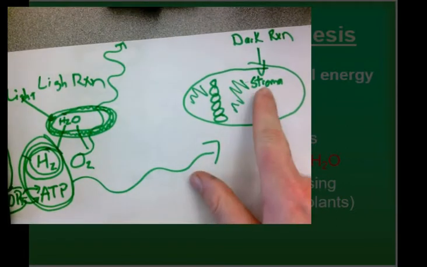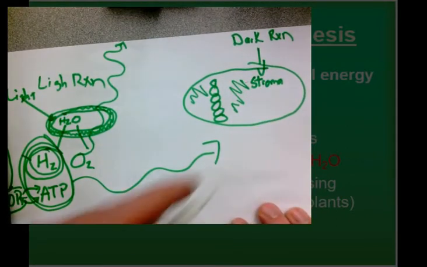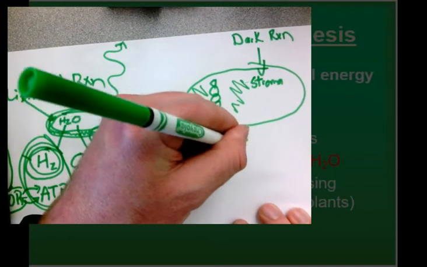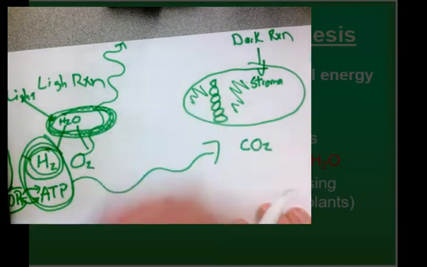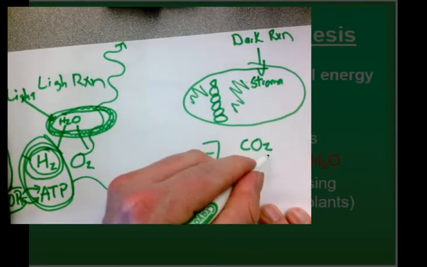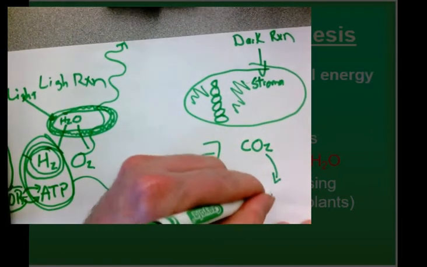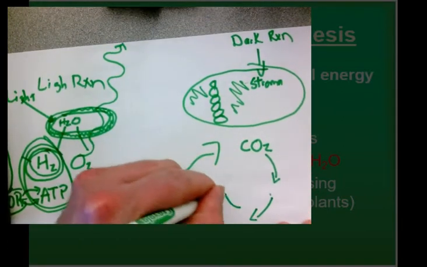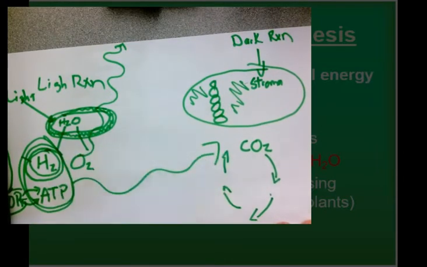In this dark reaction, we're going to take in CO2. The plant takes in CO2 from the atmosphere. We're going to run it through a cycle with the power of ATP. Remember, we got ATP from the light reaction.